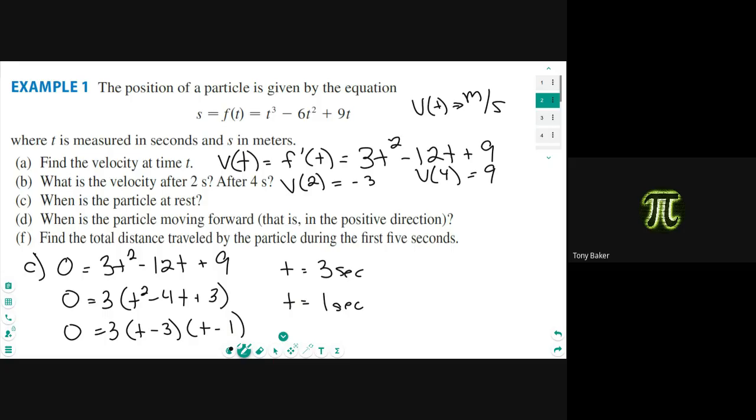So if we just set up a quick little number line, and we put the 1 and the 3, let's do t equals 2 and t equals 4, since I already know those. And we could do 0.